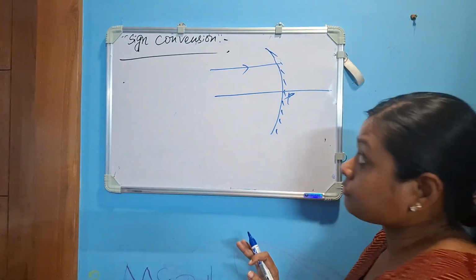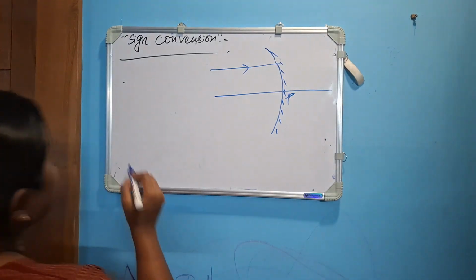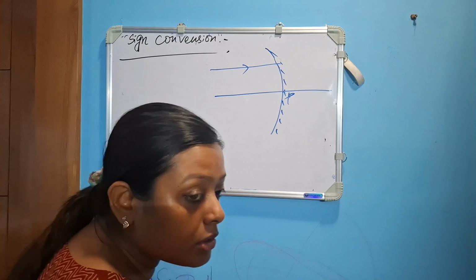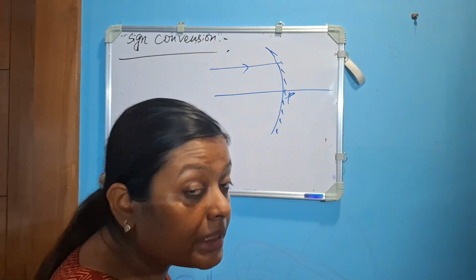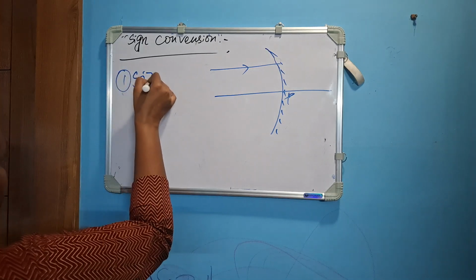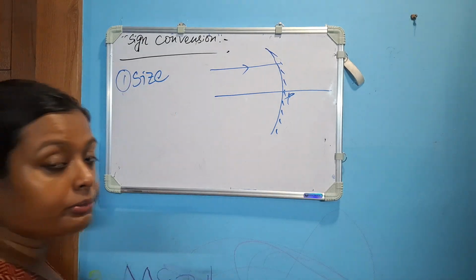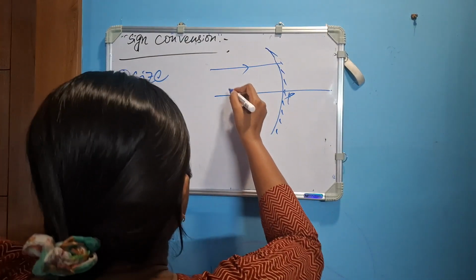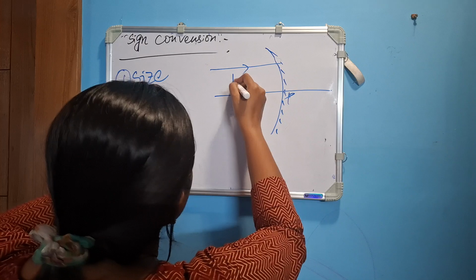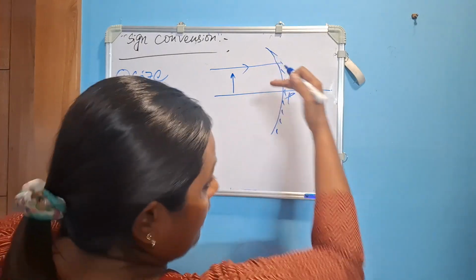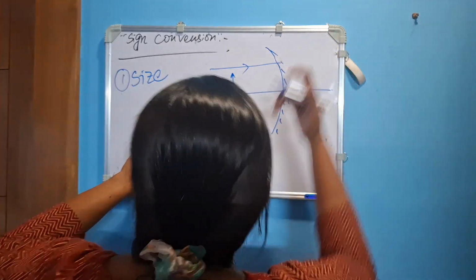So now, what is this sign convention? First of all, it will work for the distance and also the size, the size of the object and image. First, we are talking about the size of both object and image. So for the size, as we know, the object will always be above the principal axis.